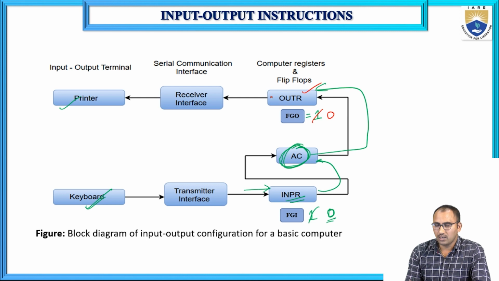Then from that output register, that 8-bit alphanumeric code will be given to the printer through the receiver interface. Then using the printer, it will print the code. So this is how the input from the keyboard will be transmitted to the output device, the printer.